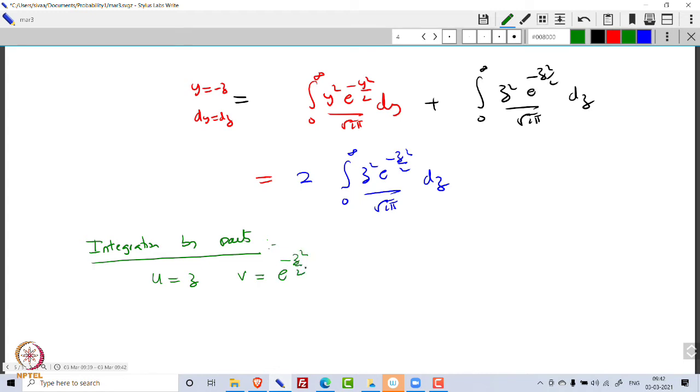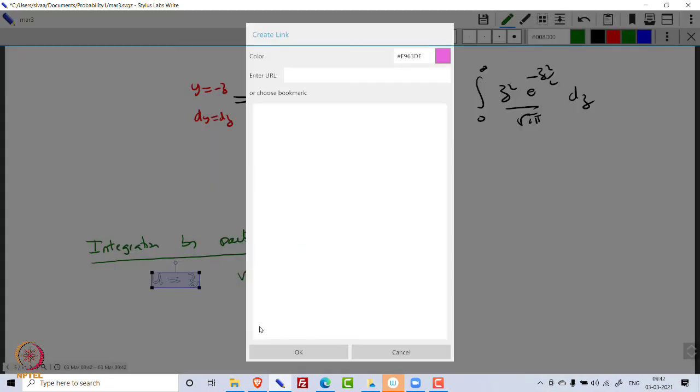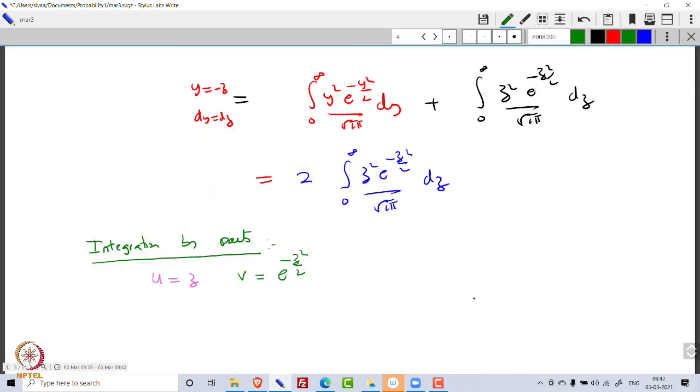So what I have here is z e to the minus z squared by 2. That's one part, and the other part I'll write in pink. So it's like the z here, and I have this integral.